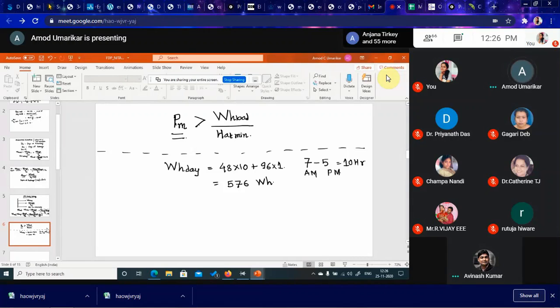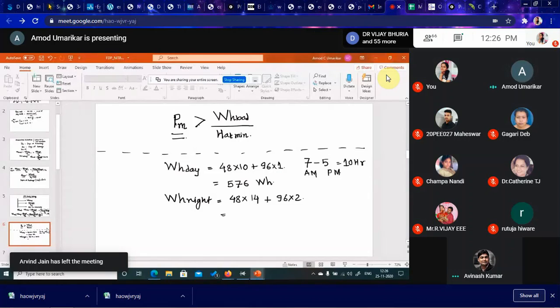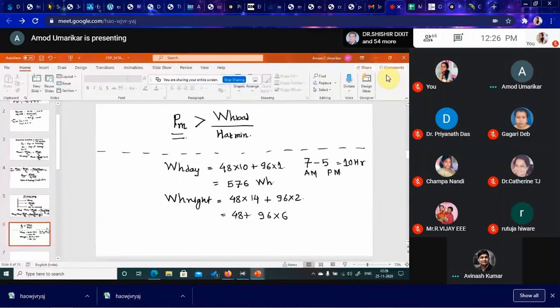This is WH day. What will be the WH night? So 48 multiplied by 14 plus 96 multiplied by 2 ... so it will be 480 plus 96 into 6. How much will it be?